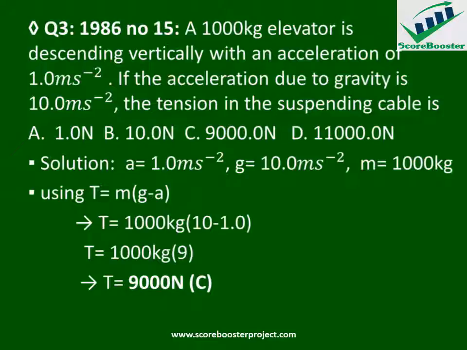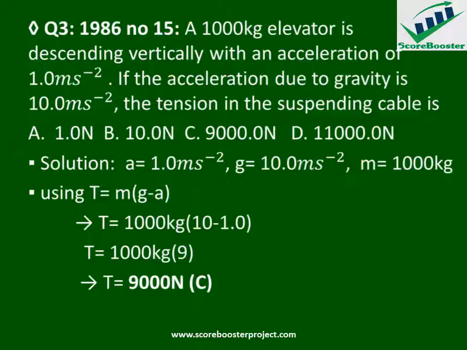The next question we shall be considering comes from 1986, number 15. And the question goes thus: a 1,000 kilogram elevator is descending vertically with an acceleration of 1.0 meters per second square.